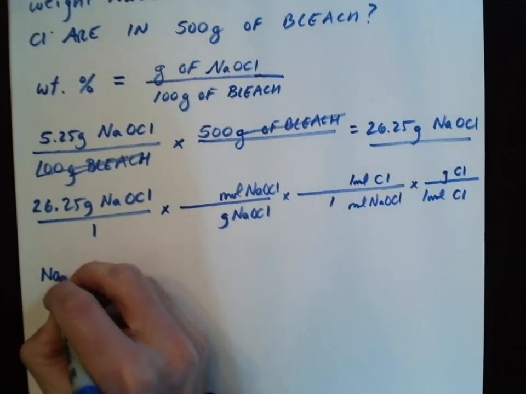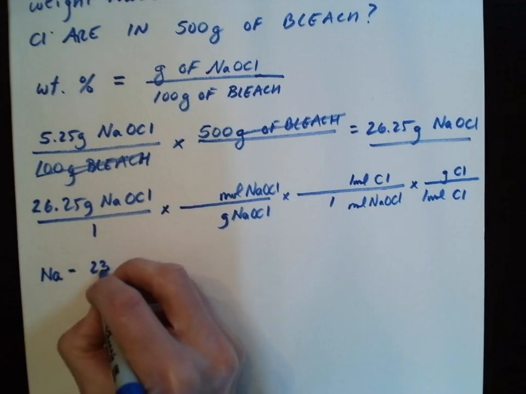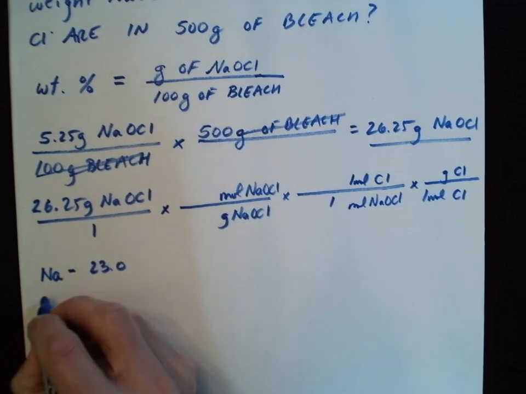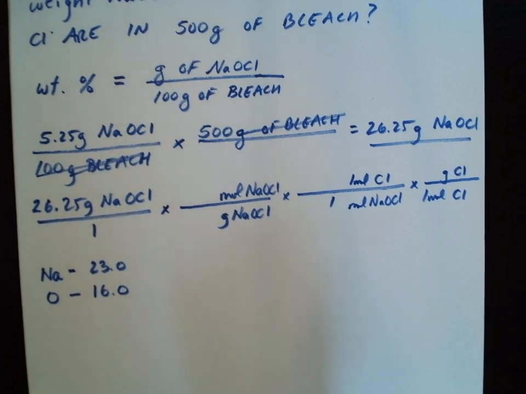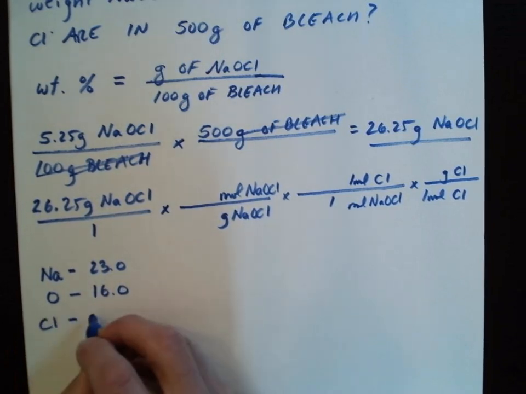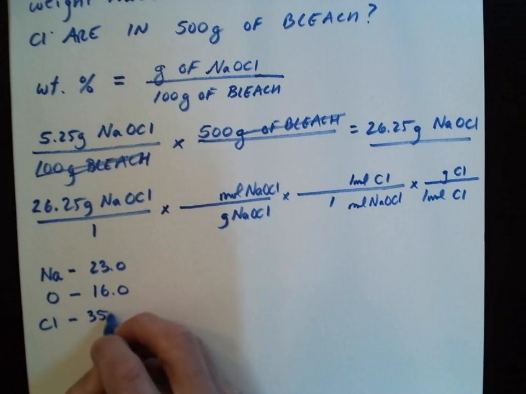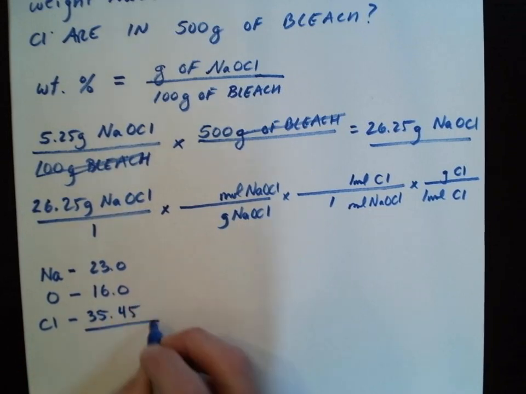For sodium, you're going to find that's 23 grams in a mole. For oxygen, there's 1 of those, and we're going to find that's 16 grams per mole. And for chlorine, that's going to be 35.45 grams per mole.